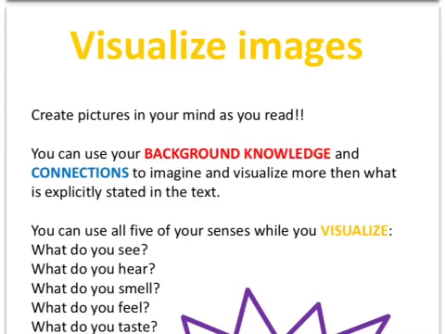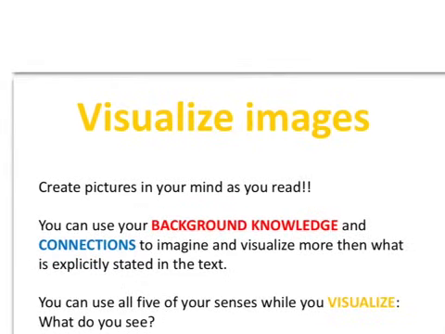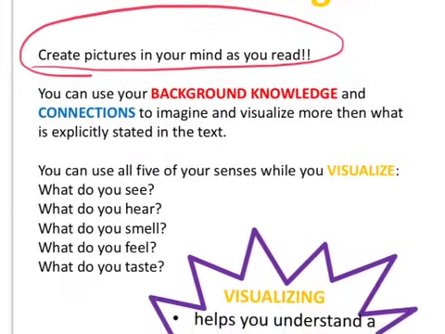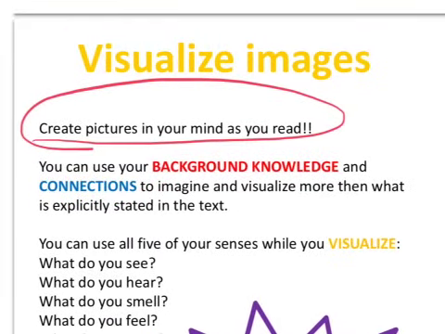In order to visualize images to help you read, you need to create pictures in your mind as you read. Many of you have learned about this already, but it's good to review just in case. Please note, you can also use your background knowledge and your connections that we've worked so hard on to help you imagine and visualize more than what is explicitly stated in the text.